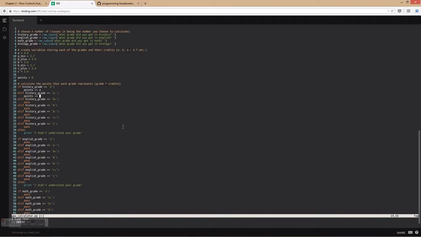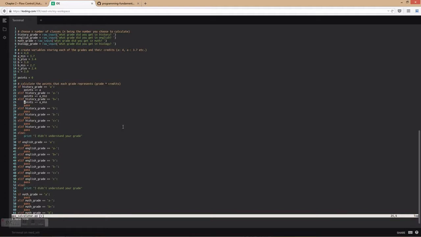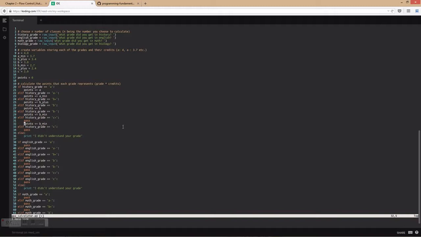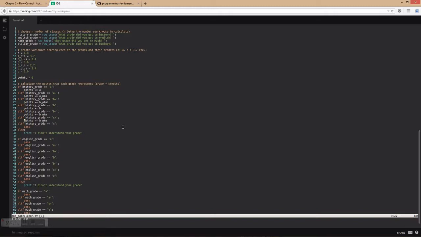And then we can do A minus, B plus, B minus. Yeah, so this is a little tedious. In the future we're going to learn some better ways to do this, but now since all we know is if statements and stuff like that, it's a little bit longer.